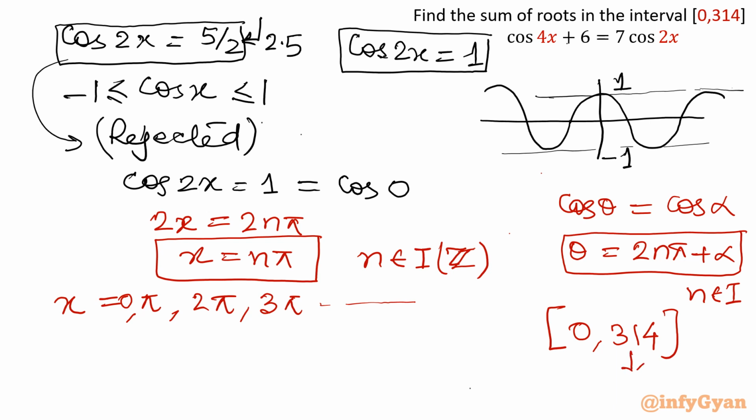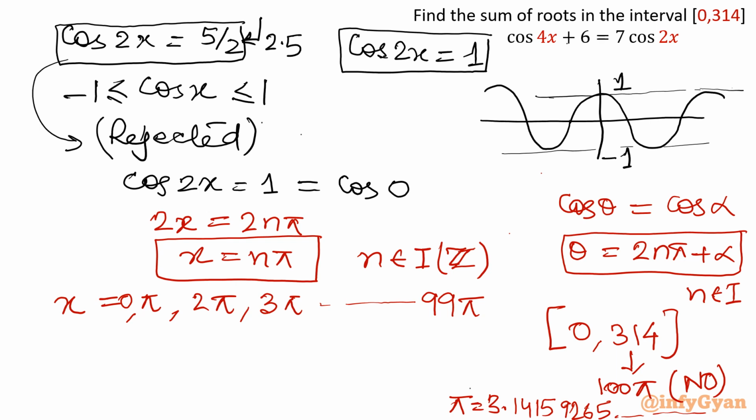So 314 is not 100 pi. No, it is not 100 pi, because the value of pi is 3.141592 and after that 65, non-terminating and non-repeating. That is why it is an irrational number, and we cannot consider 100 pi. So up to 99 pi it is allowed.